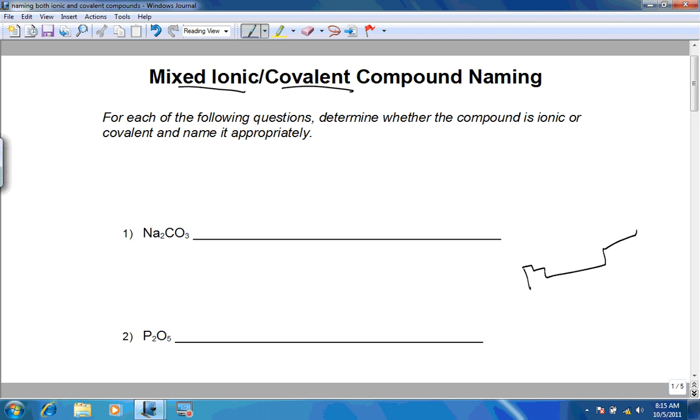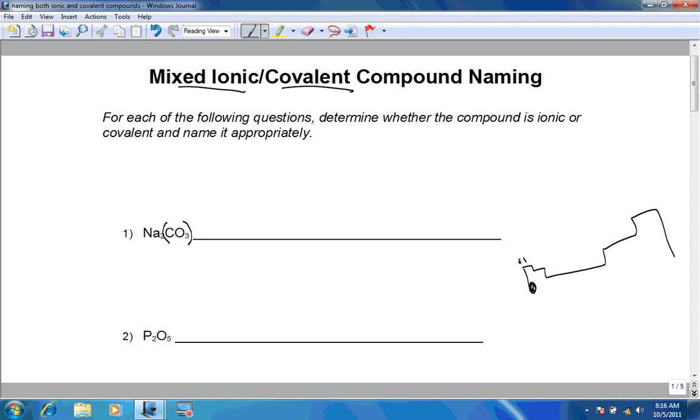If we look at the periodic table, we see that sodium is here. That means that it's going to form a cation when it reacts. And then CO3 is a polyatomic anion. Because I can look on the periodic table and determine that sodium is always a +1, I don't need any kind of Roman numerals.